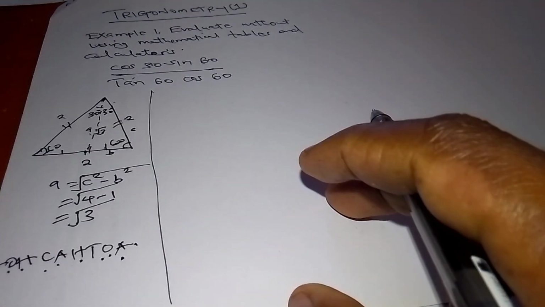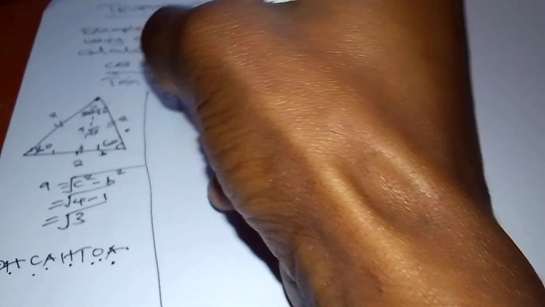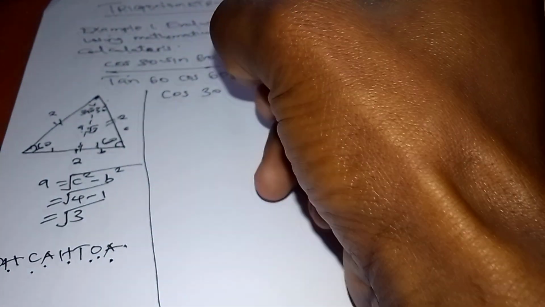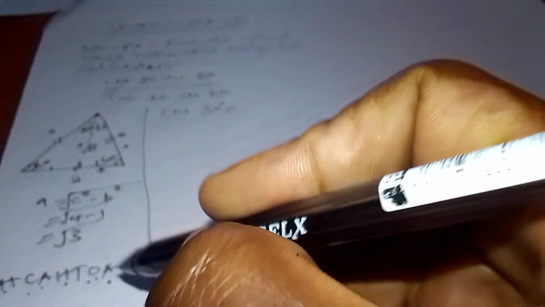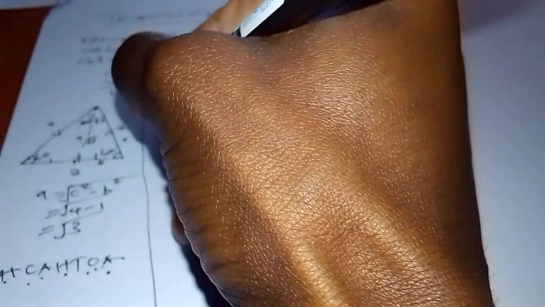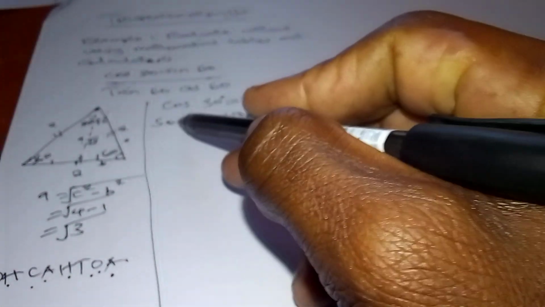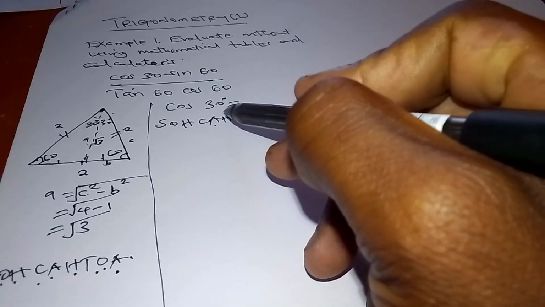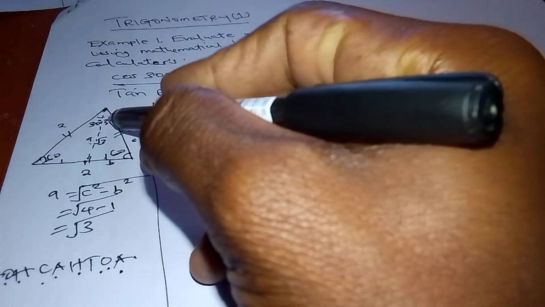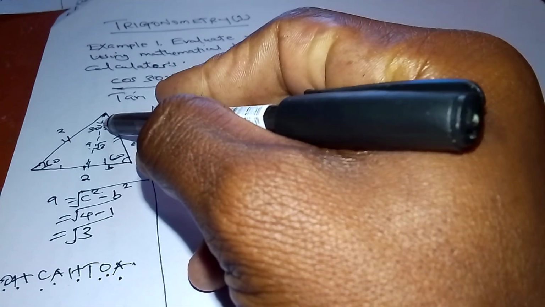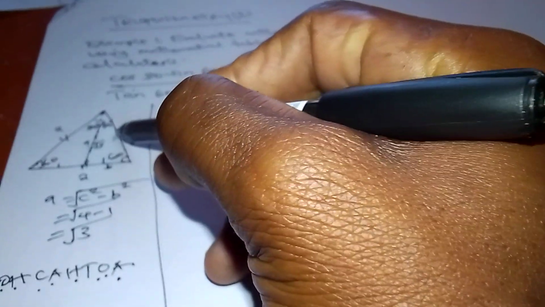Now let us look at this. We have cos 30 degrees. How do you solve cos 30? I told you that we have SOHCAHTOA. Cos is equal to adjacent over hypotenuse. Come to where 30 is, which is the adjacent, this one, and the hypotenuse is this one.